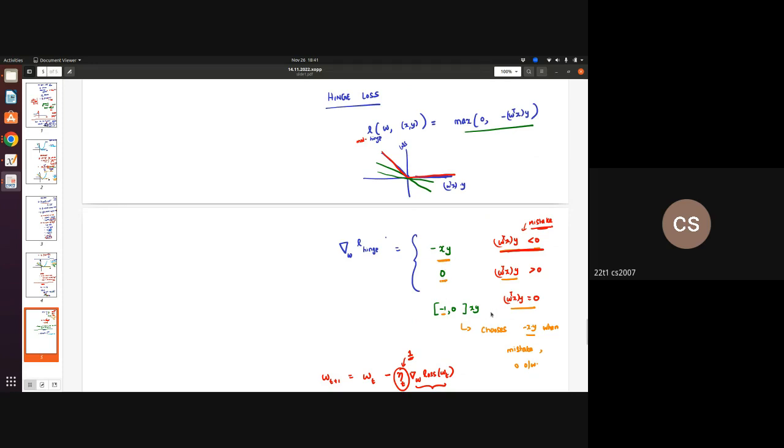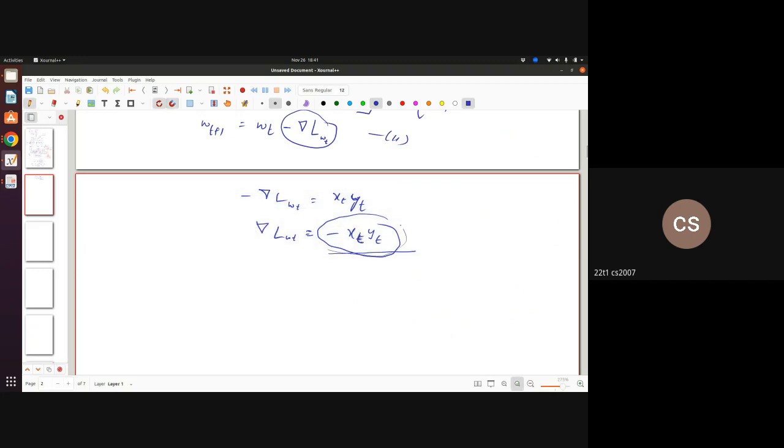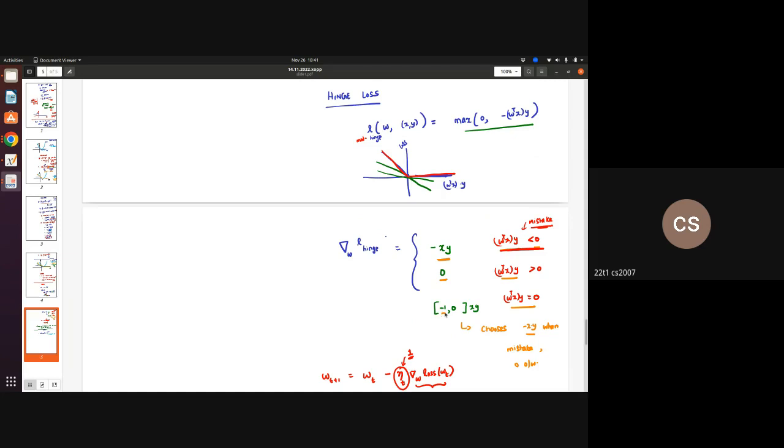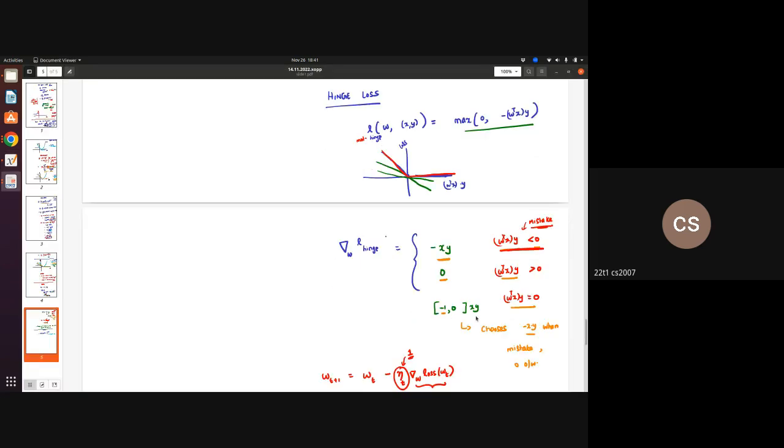Getting back to what we derived here, minus xy, we could have chosen any value between minus 1 and 0, let's say minus 0.5 into xy. That could have been a valid choice as well.